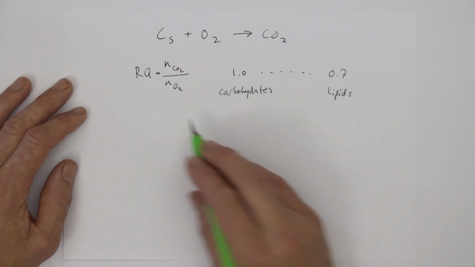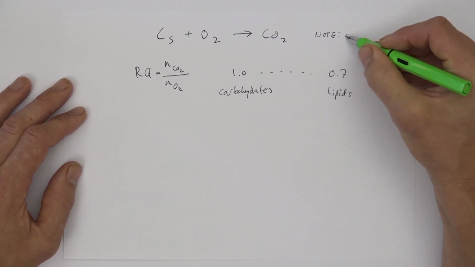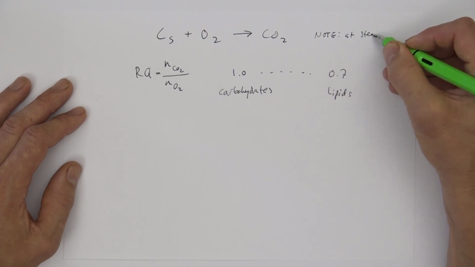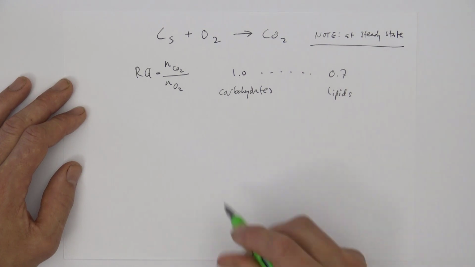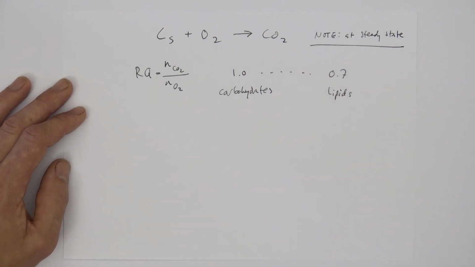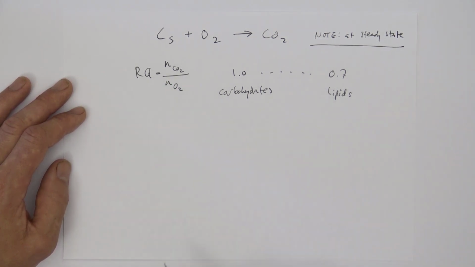A note here, an important note. This is at steady state, when we have the same respiration for a long time. If things are changing rapidly, a respiratory quotient measured during a short time could have very different values.